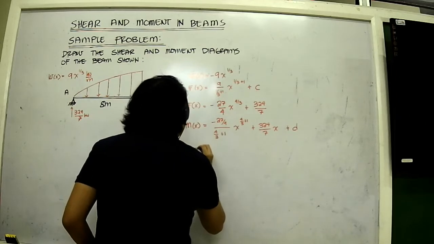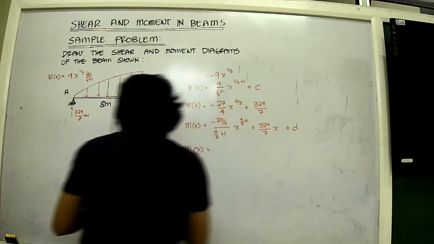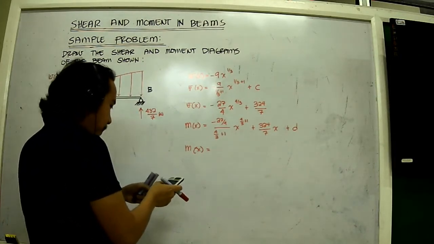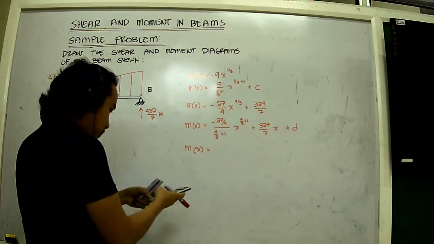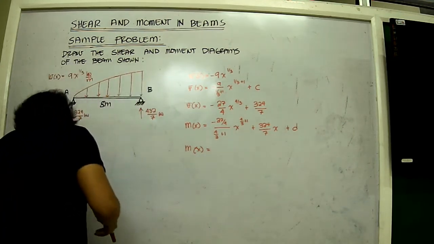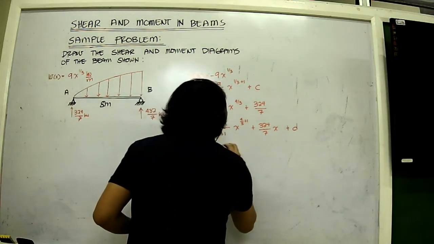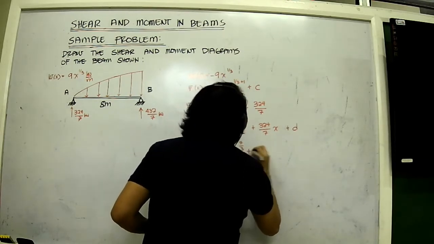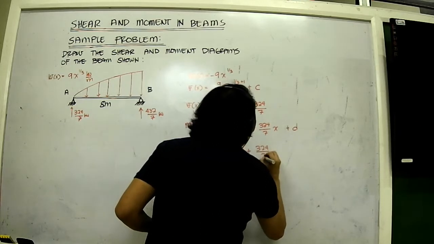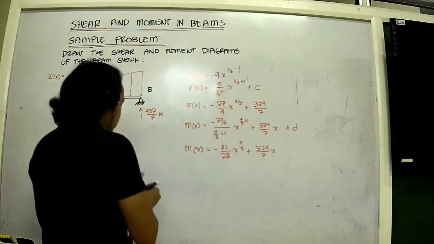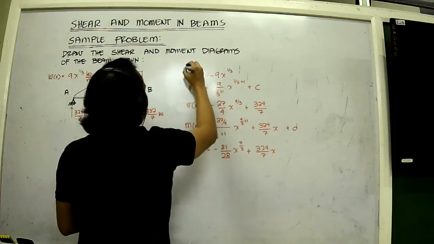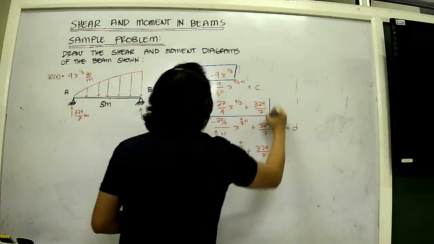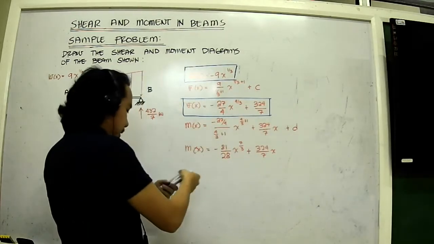So 27 over 4 divided by 7/3 gives negative 81 over 28 x to the 7/3 plus 324 over 7 x. This is for load. This is for shear. Supposedly, this still has D.